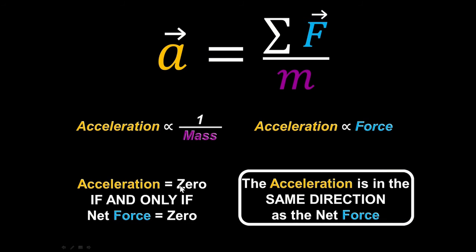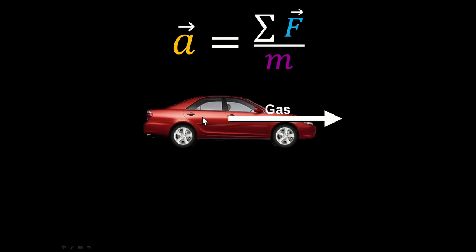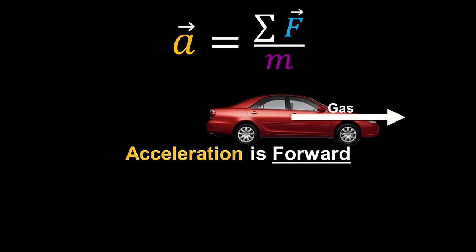Now let's scoot over here and look at the last of the 4 things we need to remember, that the acceleration is in the same direction as the net force. If you have a car and you press the gas, it's going to cause the car to accelerate to the right. The force was to the right, so the acceleration was also to the right. The acceleration will be in the same direction as the force.